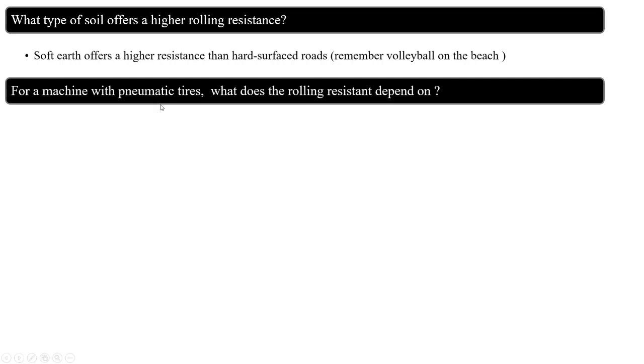As you can guess, if you're talking about tires here, it could be the size of the tires, the pressure of the tires, and the tread. It means the tread design, or how new the tires are. So the size, the pressure, and the tread design will have an impact on the amount of rolling resistance.